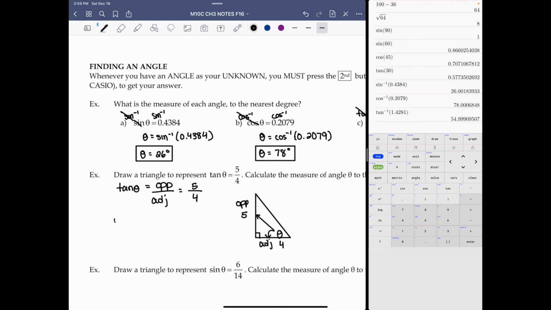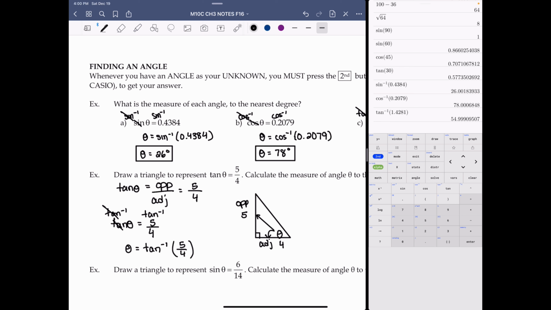So we have that tan theta equals 5/4. This is the same as the questions above, except instead of having a decimal number, we have a fraction. We're going to do tan inverse of both sides to move the tan over. Tan inverse and tan cancel each other out, so we get theta equals tan inverse brackets 5/4.